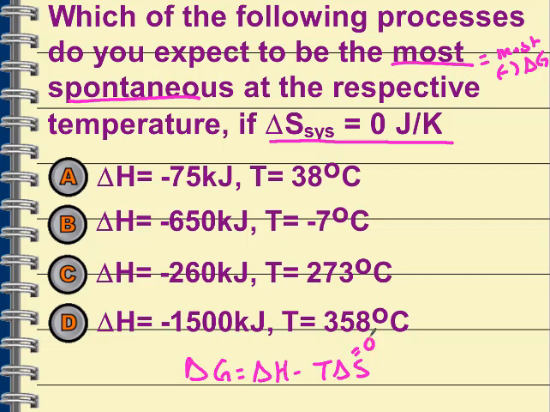Well, if our delta S is equal to 0, then our T delta S has to equal 0. So really, all of that is 0. So delta G is equal to delta H in this case. So the more negative our delta H, the more negative our delta G. So that must be D, since it's the most negative delta H.